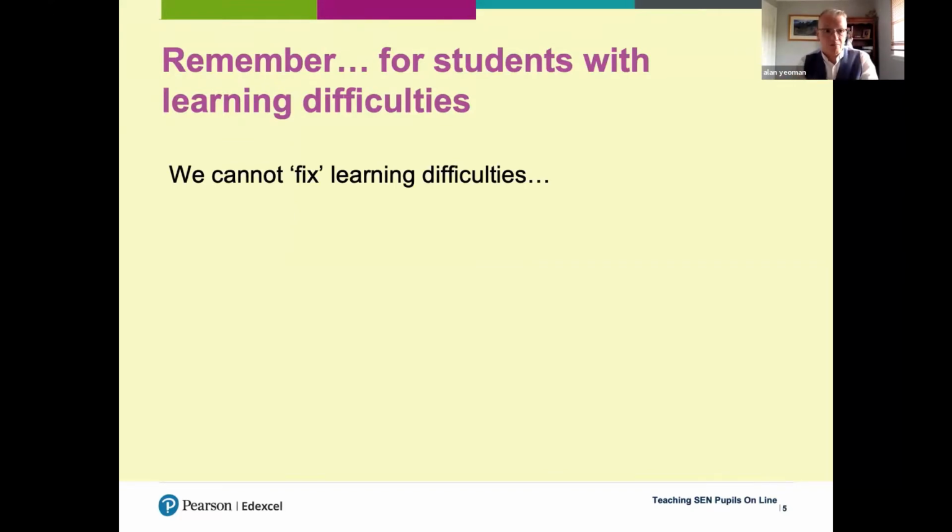Two reasons. One, we can't. Whatever that difficulty is, we can't fix it. We can support it, we can help it, and we can help overcome it, but we can't fix it. And the second reason, it doesn't need fixed. Just because someone's got a difficulty with reading or with numbers or some kind of physical difficulty, it does not need fixed. It just needs help and support.